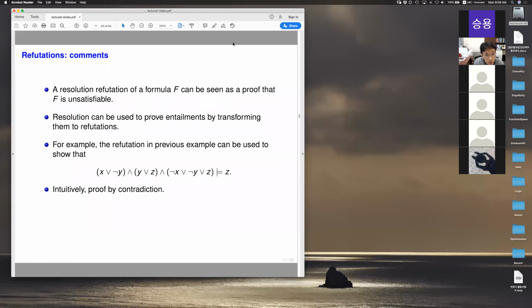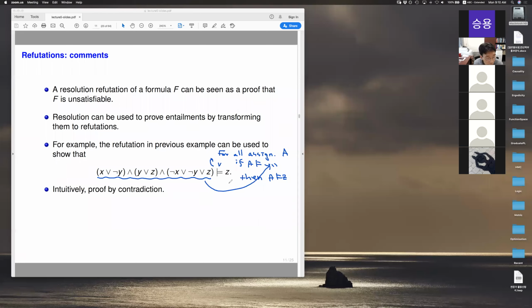So what this formula says, if I give you a reminder, is that for all assignments A, if A satisfies this part, then A is also going to satisfy C. So this means semantically, the left-hand side of this sign implies the right-hand side of this sign. Okay, so there is some semantic implication relationship.